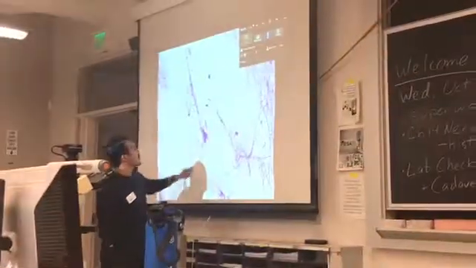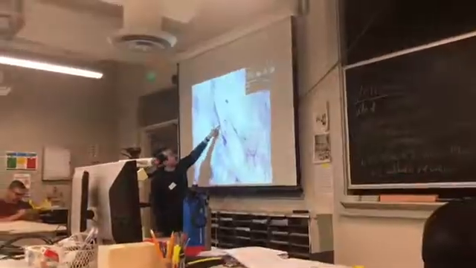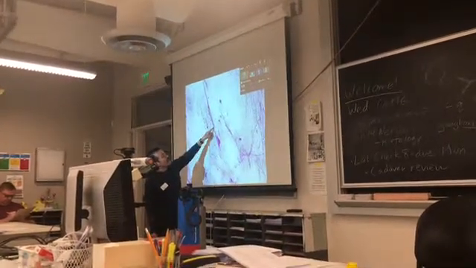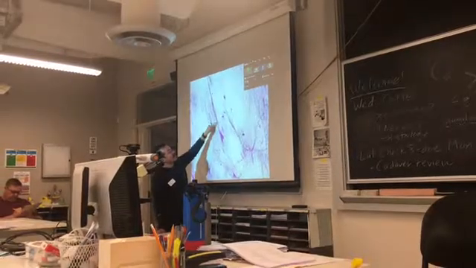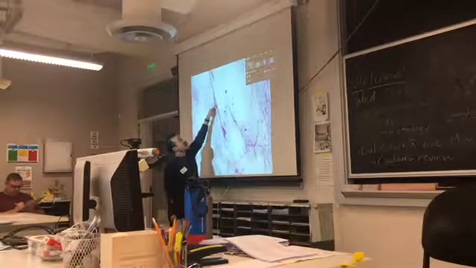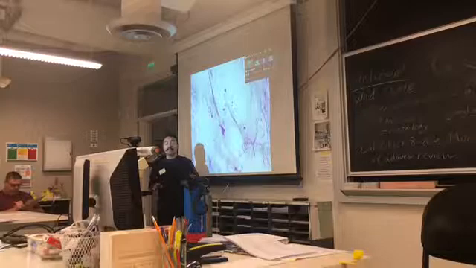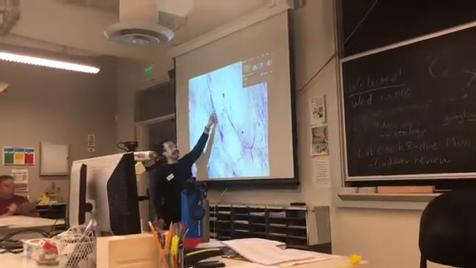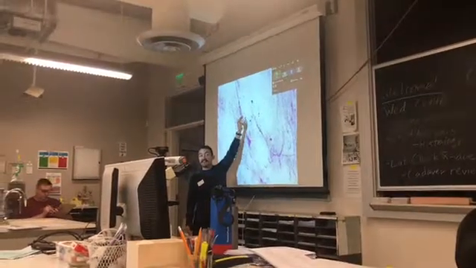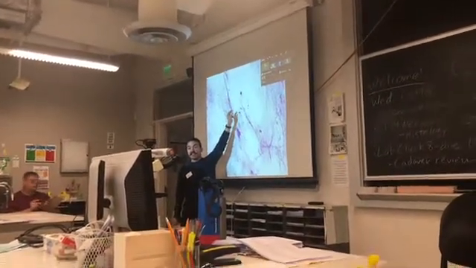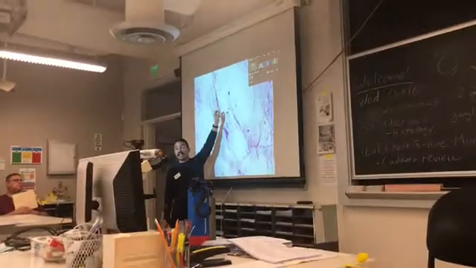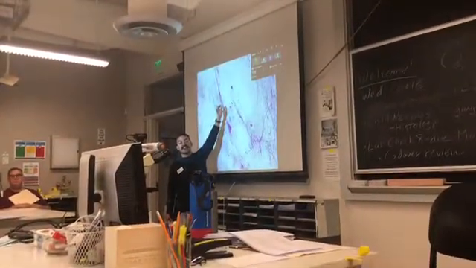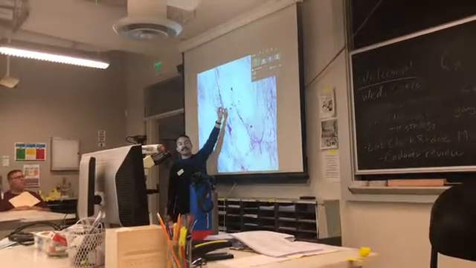The extensions, we know that this extension here is an axon. If we follow it along, we can see all these nuclei that are running along that extension. This is a motor neuron. What kind of glial cell is running along the axon? What's the glial cell that creates the myelin?